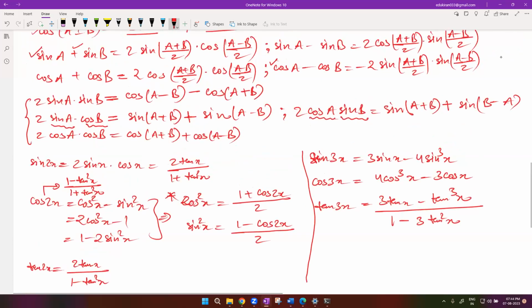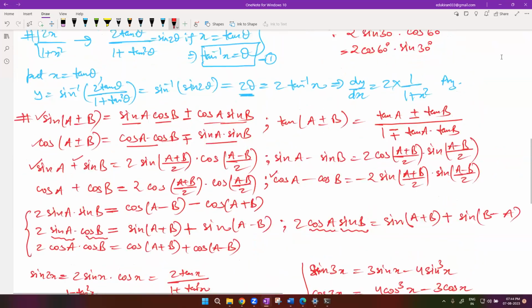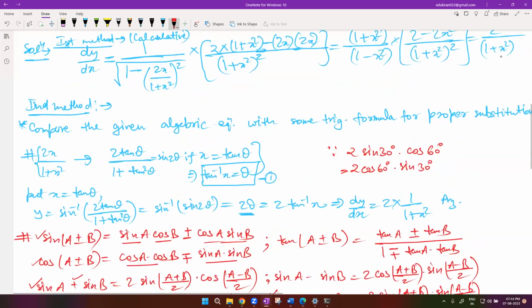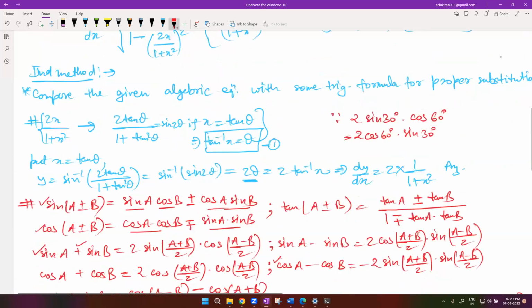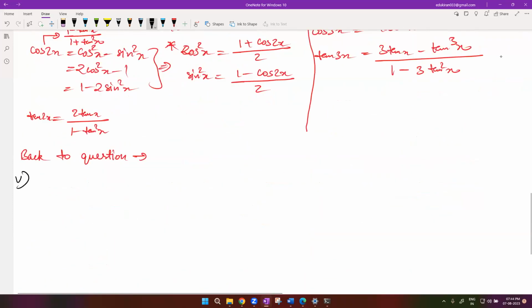I think we were on question 4, so let's start with the 5th question now. The 5th is y equals tan inverse of 3x minus x cube divided by 1 minus 3x squared.